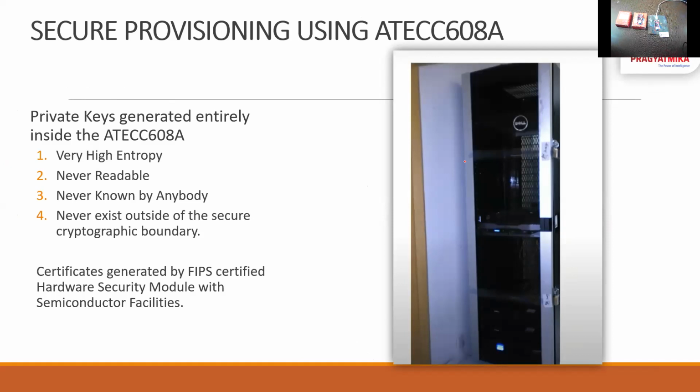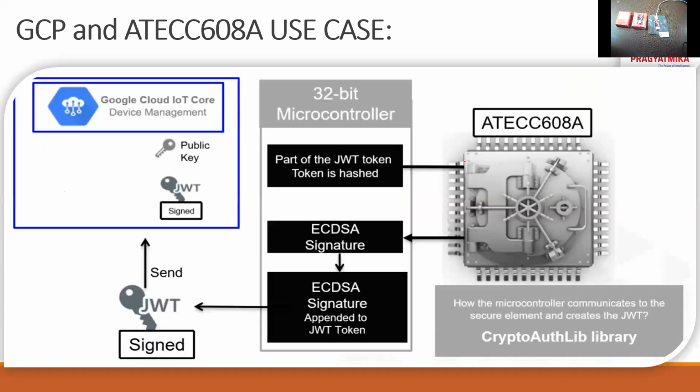Whenever you are implementing IoT security, you have to generate the root certificates through the cloud. That's what we will be generating today. Those root certificates are also stored over here, and they also cannot be accessed by anyone, because we have the HSM module, the hardware security module, and it doesn't make these certificates readable by the outside environment.